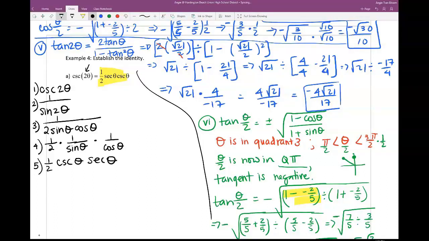Even though I switched the cosecant and secant, it doesn't matter because in multiplication, you can move things back and forth, right? 2 times 3 is the same as 3 times 2, so it's totally okay. And because this looks exactly the same, I am so done, yay!